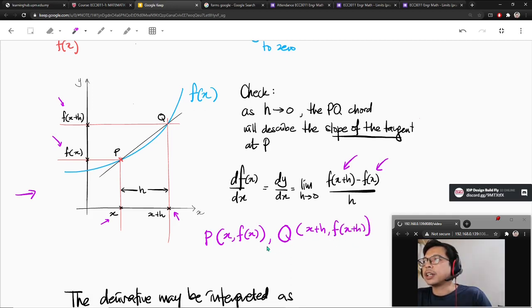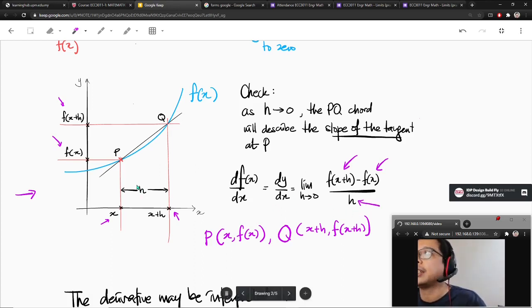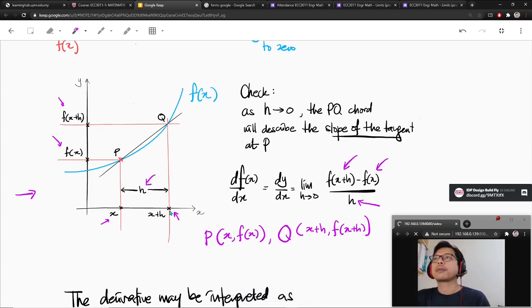These are the coordinates for P and Q. And what is h? As h approaches 0, h is actually the distance between P and Q in the x direction, here, this h.